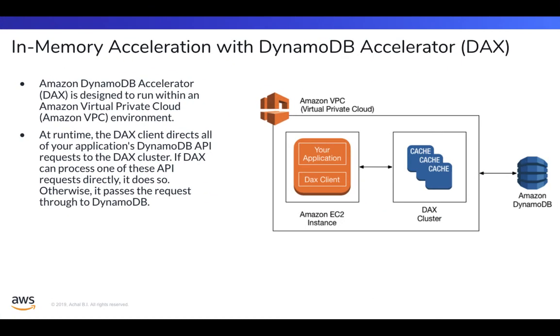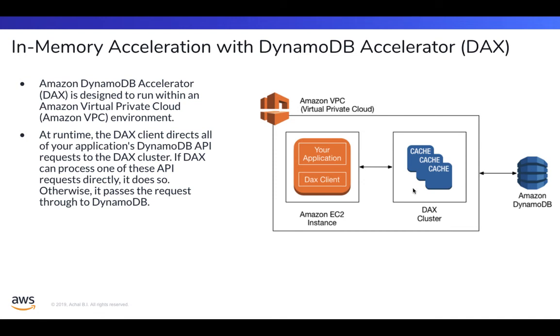So this is how DAX clusters are placed. It would be part of your VPC, and it would run within your VPC. Your application or your EC2 instances should have a DAX client to communicate with the DAX cluster, and you will make API requests to communicate with the caching service of DAX.